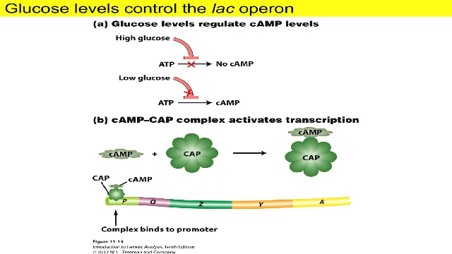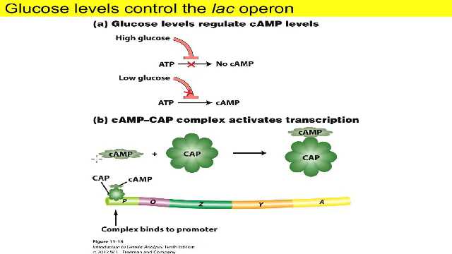The information in the previous few slides is summarized in this slide here. In panel A, we reiterate the fact that when glucose levels are high, the level of cyclic AMP is low. And the reverse, when glucose levels are low, the levels of cyclic AMP are high. And the reason is indicated here in the activity of converting ATP to cyclic AMP.